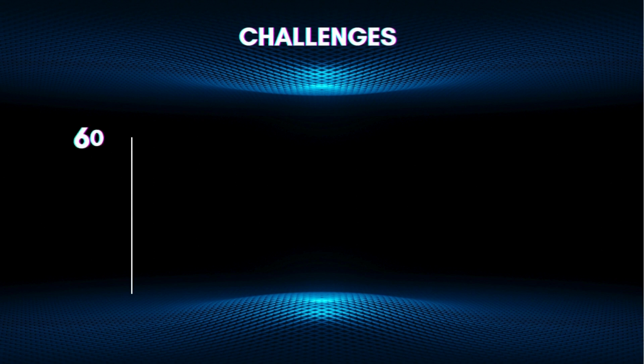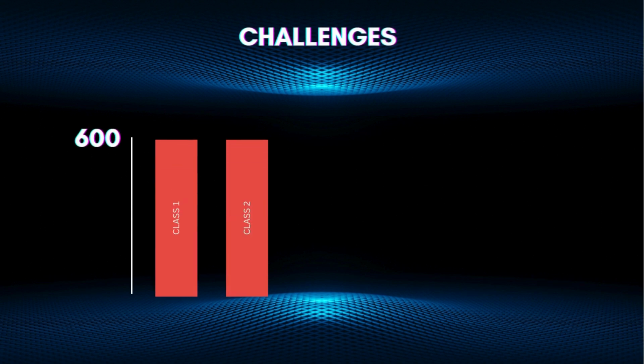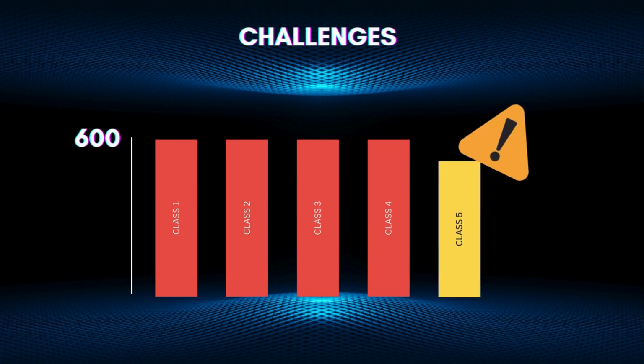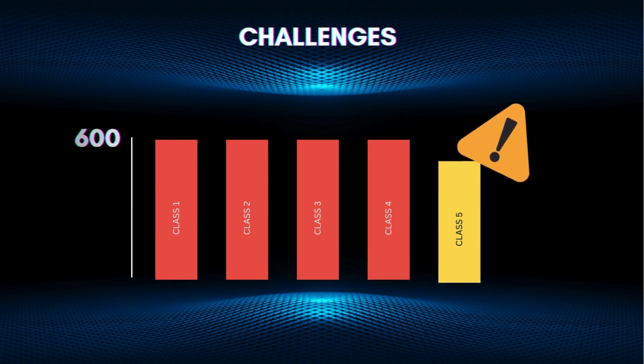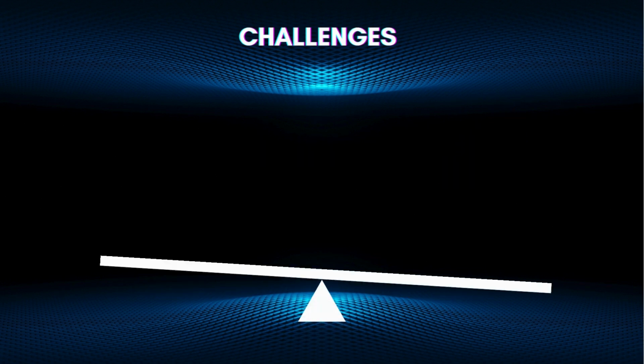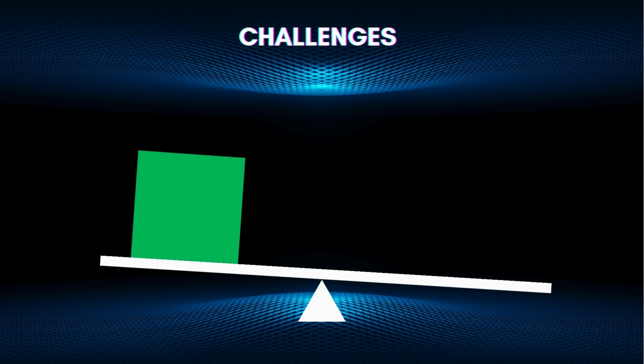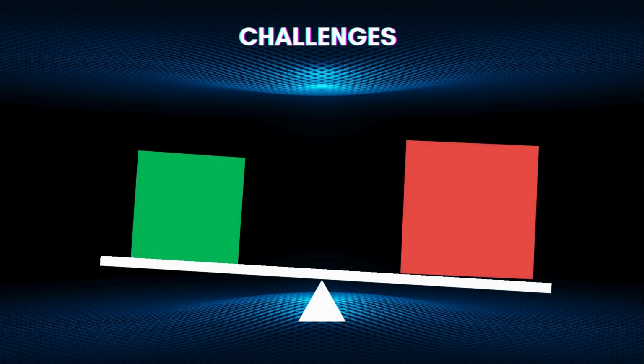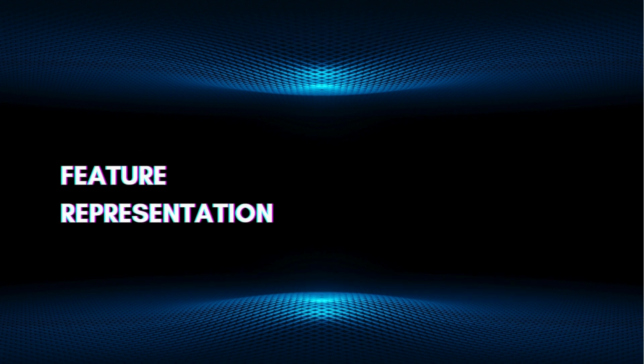While CIFAR-100 has 60,000 images, these are evenly distributed among 100 classes, meaning only 600 images per class. Class imbalance sensitivity. Although CIFAR-100 is balanced in terms of the number of samples per class, the real-world relevance of these classes might vary.